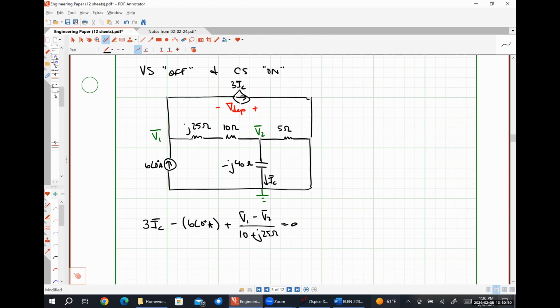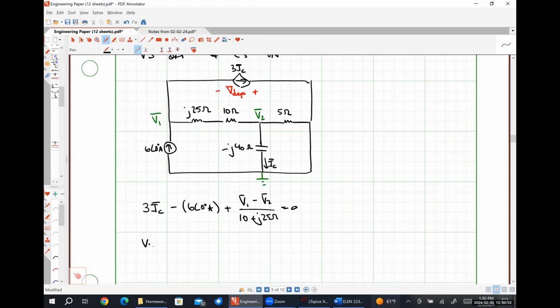KCL at node 2 is going to look like V2 minus V1 over 10 plus j25 plus V2 over minus j40 plus V2 over 5.